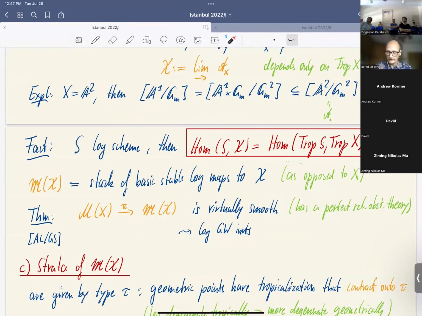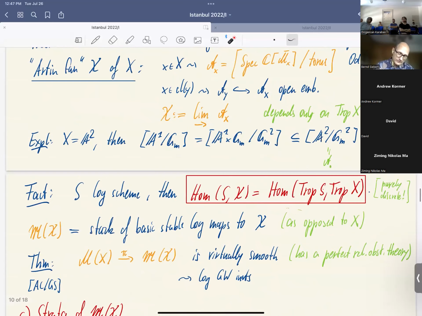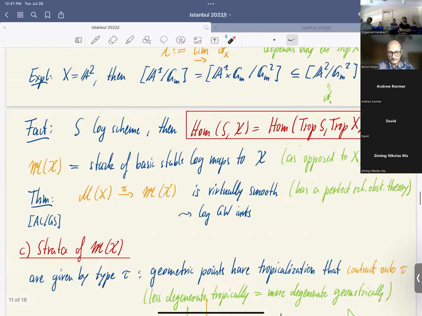Meaning that it has a perfect relative obstruction theory. This guy is pure dimensional, of essentially the dimension of the moduli space of domains, and it gives log Gromov-Witten invariants by pulling back the fundamental class of this guy by virtual pullback by pi.